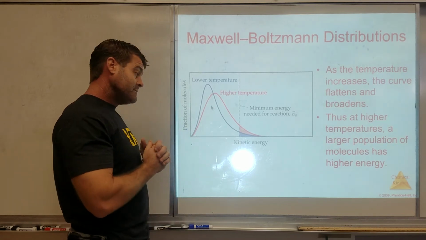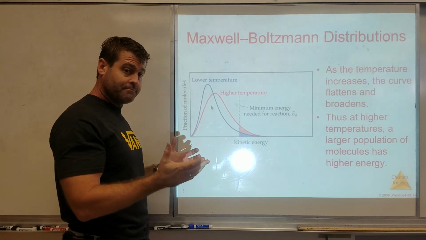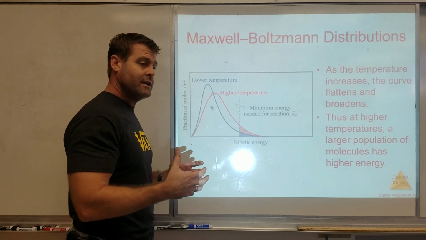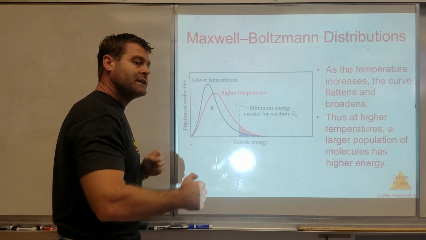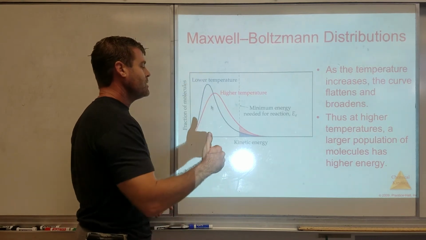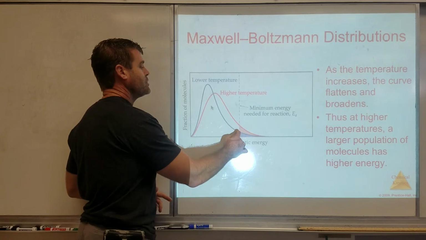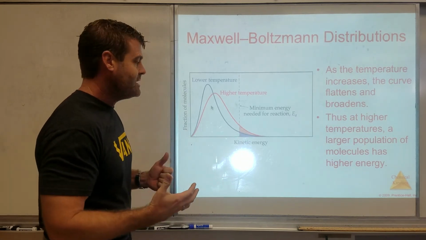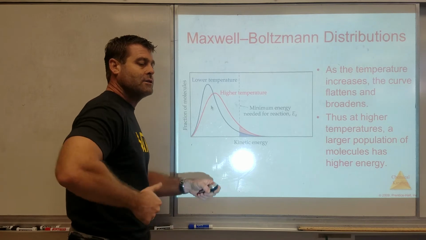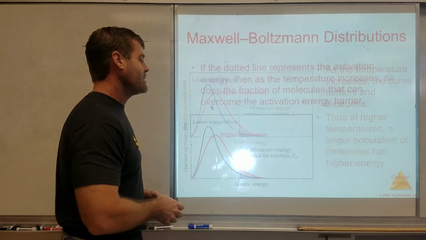So what that should tell us is that at higher temperatures, a greater portion of the molecules have the necessary activation energy, and therefore you're going to expect a faster reaction rate. Whereas at a lower temperature, a smaller portion of those molecules have the necessary activation energy, and therefore fewer are going to effectively collide, and that's going to result in a slower reaction rate.